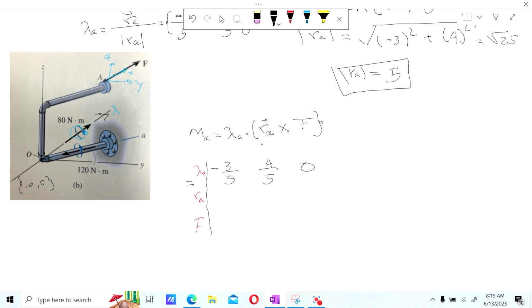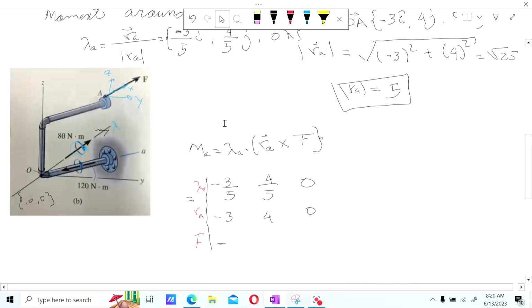Our A is negative 3, 4, 0, and F is negative, what is it? I forget. Negative 40, 20, and 10.